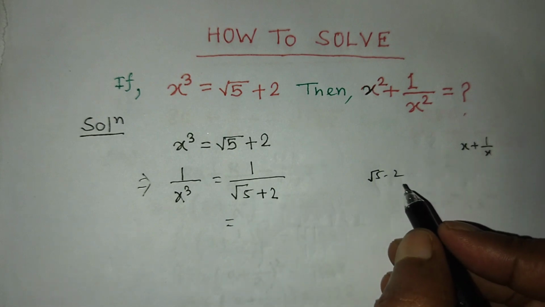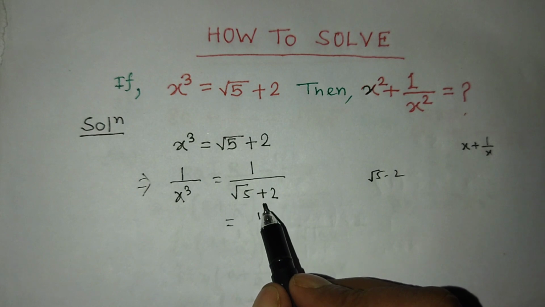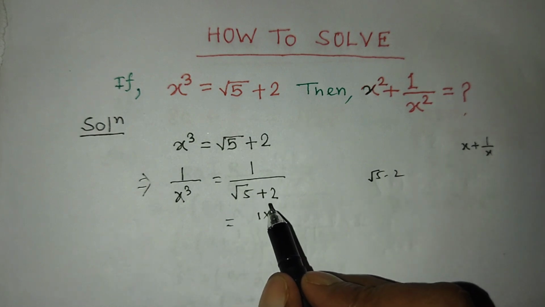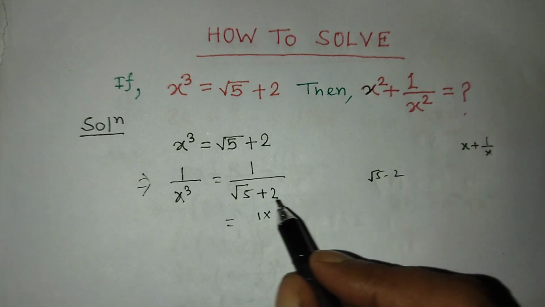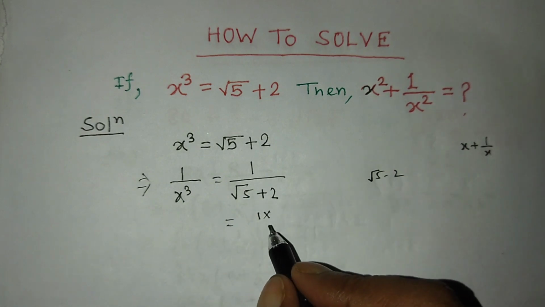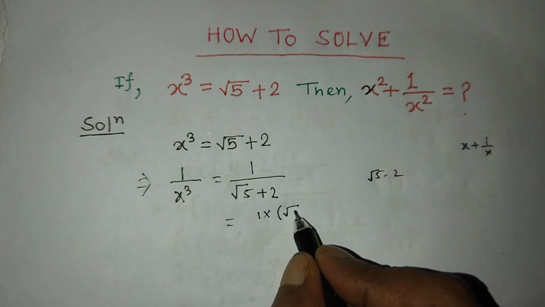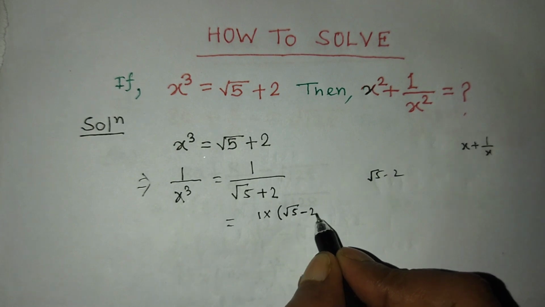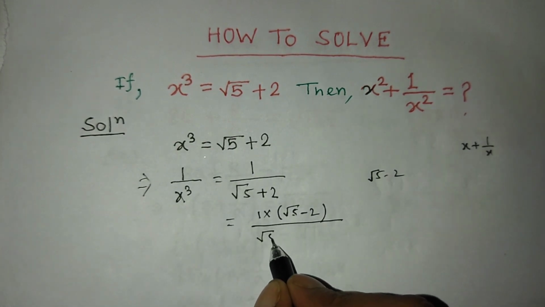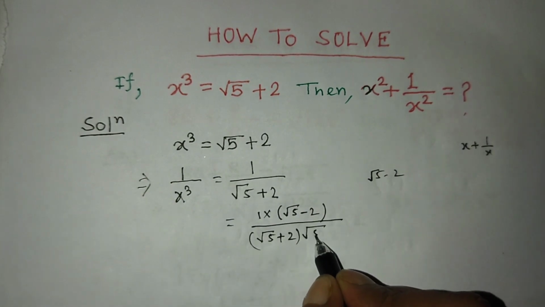That's why we have to multiply numerator and denominator both by the conjugate of root 5 plus 2, which is root 5 minus 2. So we write 1 into root 5 minus 2 divided by root 5 plus 2 into root 5 minus 2.